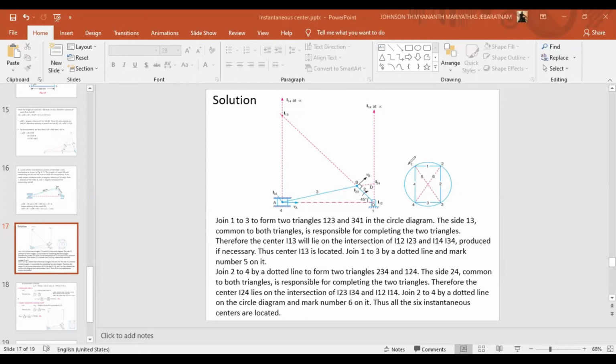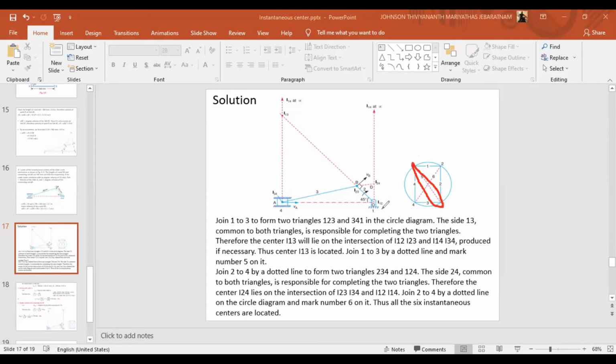This side 3, 1 is responsible for the completion of this triangle and this triangle, right? Therefore, the center I13 will lie on the intersection of I12, I23, and I14, I34.